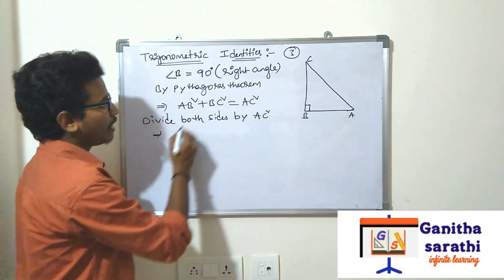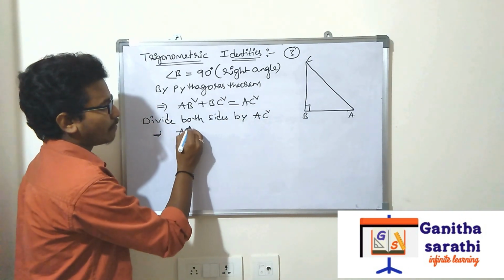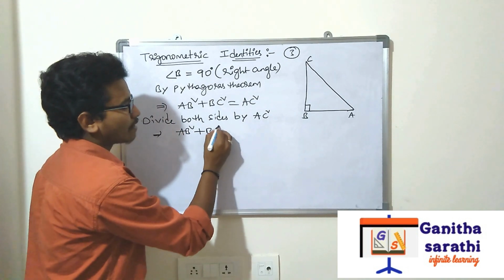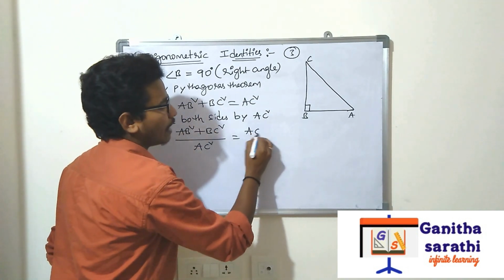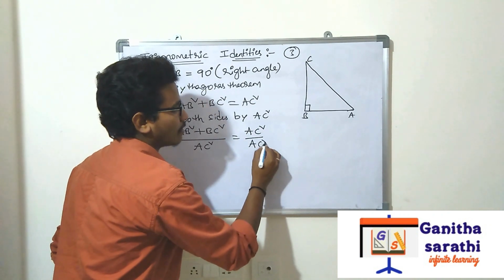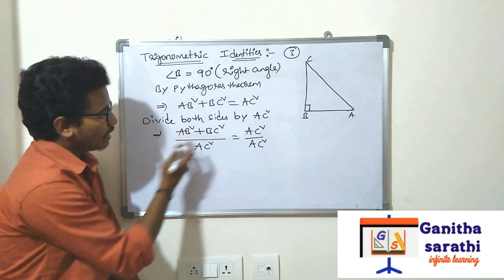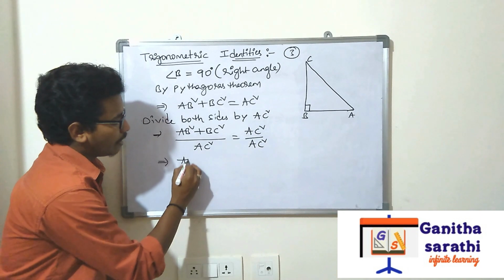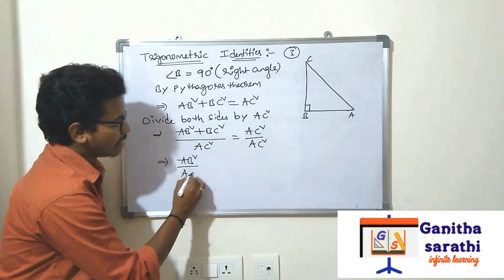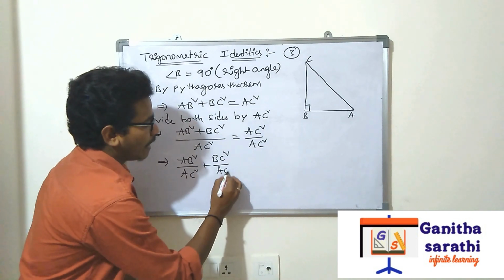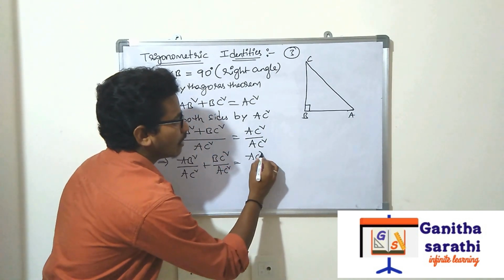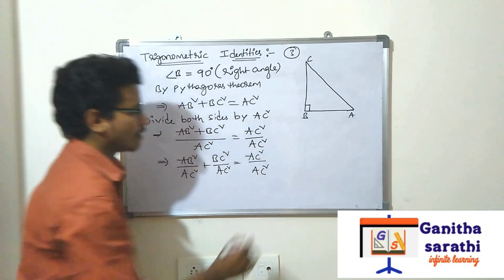Divide both sides by AC square: (AB square plus BC square) by AC square is equal to AC square by AC square. Right. Now separate this: AB square by AC square plus BC square by AC square is equal to AC square by AC square.